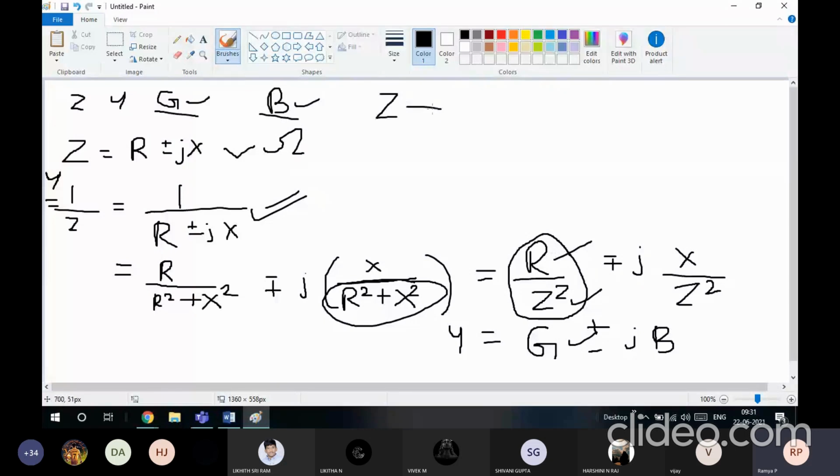Can anyone unmute and tell me the unit for admittance, the reciprocal of impedance? Per ohm, ma'am. Yes, mho. You know that, right? How do you indicate mho? It is just the opposite direction, something like this, because it is the reciprocal of impedance.